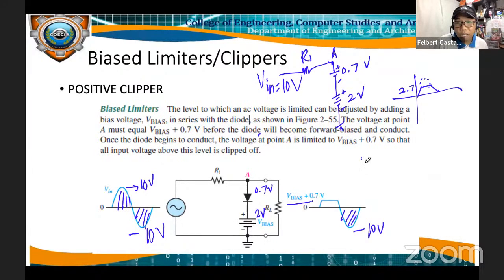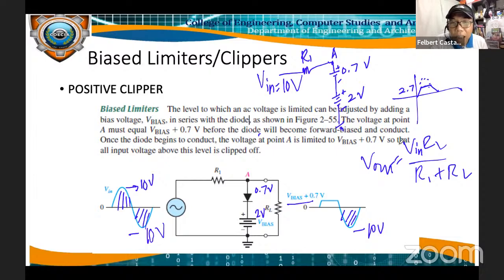So yung voltage divider, para makuha mo yung V out is V in times R sub L over R1 plus R sub L. That is voltage divider. Meron ding current divider, yung sa DC circuits niyo. May voltage divider, may current divider. Sa current divider naman, kapag parallel yung connection, di ba? Kasi yung current mo mag-split siya.